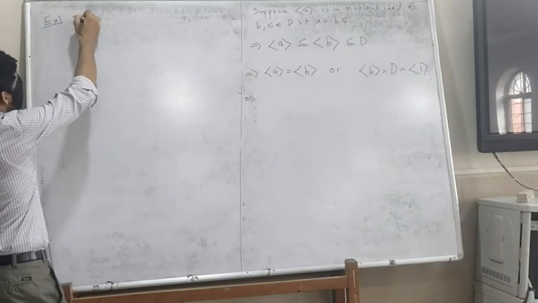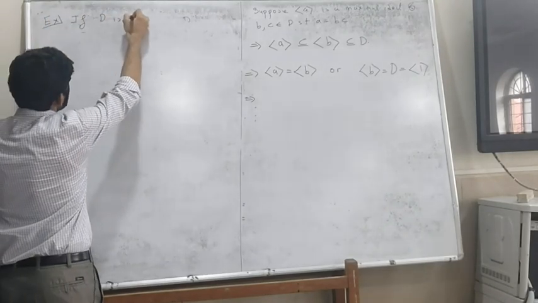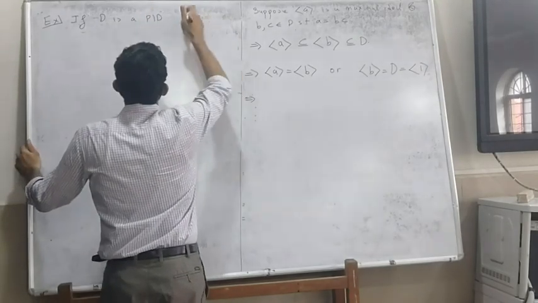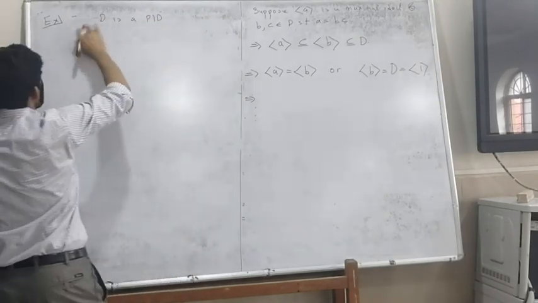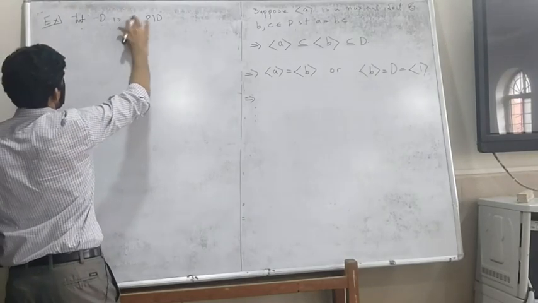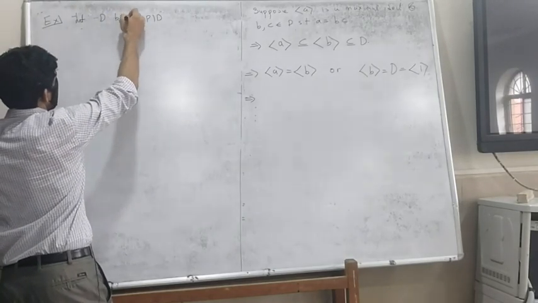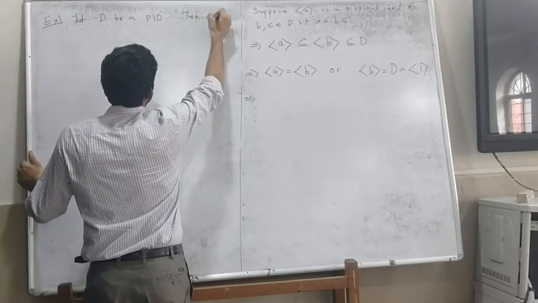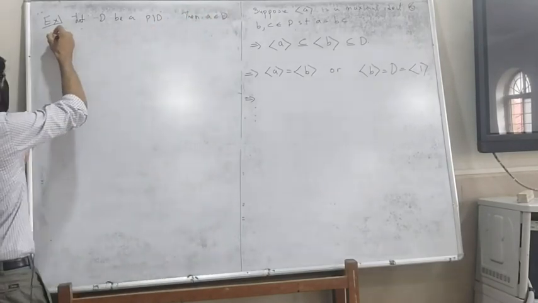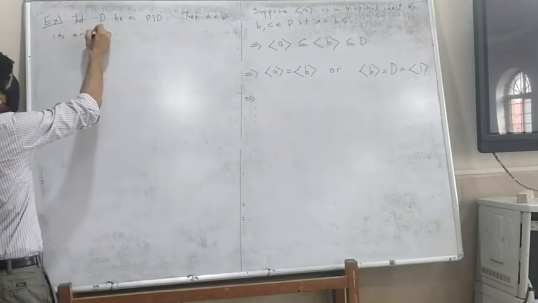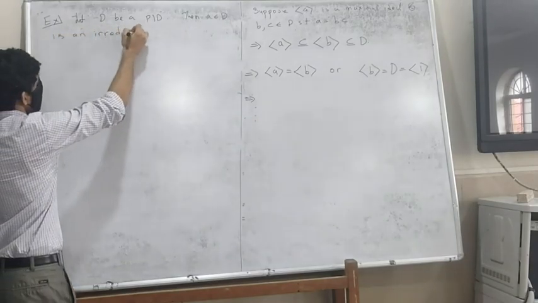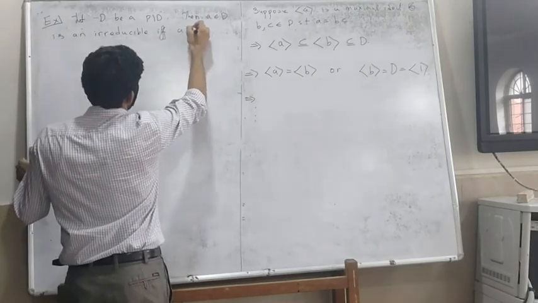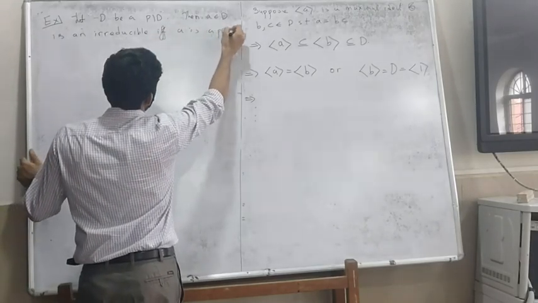If D is a PID, and A in D, then A is an irreducible if and only if A is a prime.